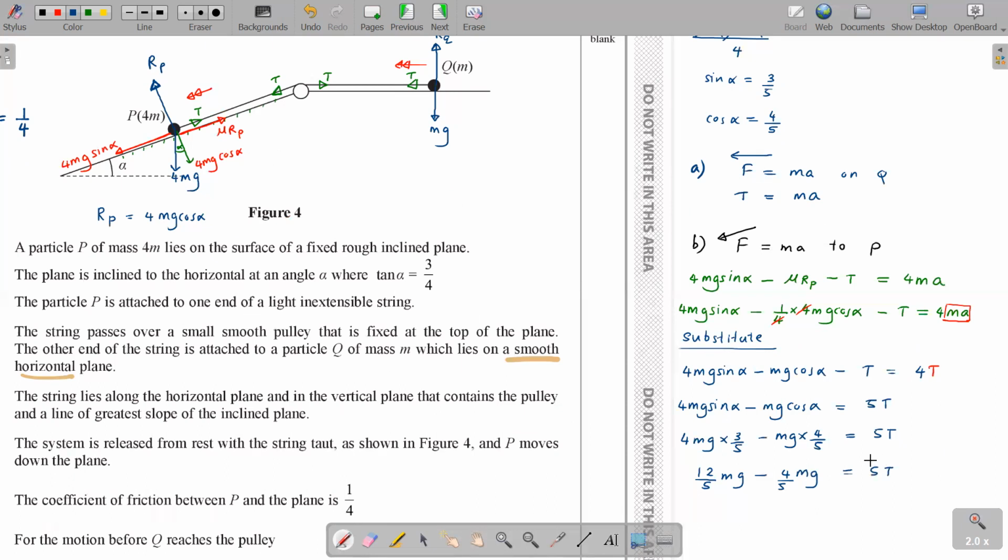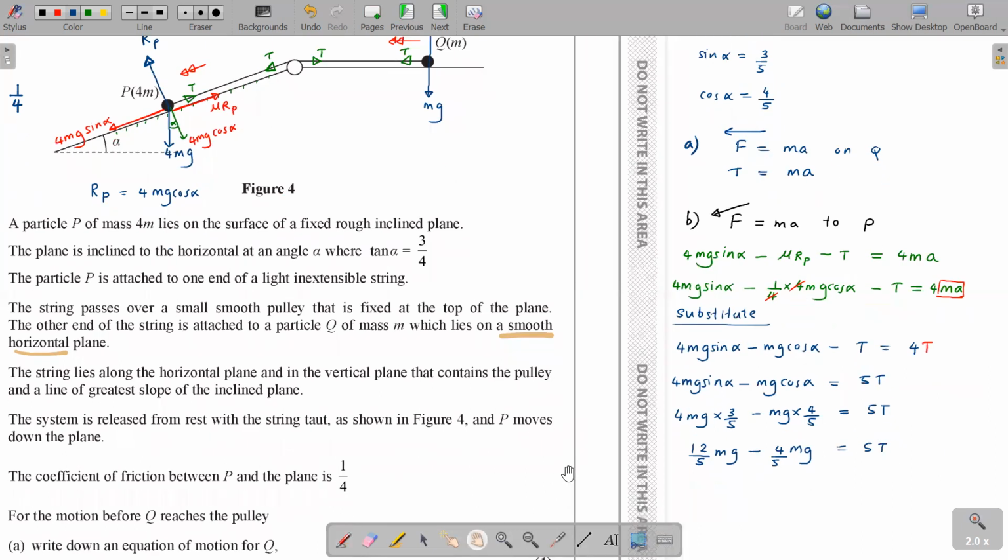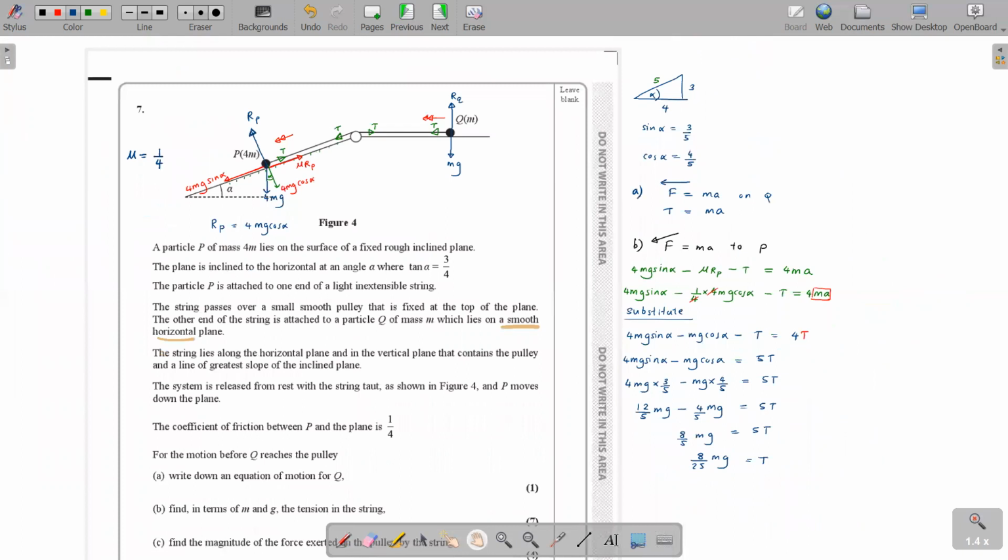Now subtract: 12 minus 4 is 8/5 mg equals 5T. Do you agree with me? Now make T the subject. We get 8/25 mg. Tension equals 8/25 mg. Do you agree with my working?